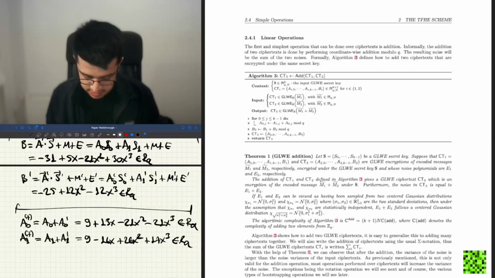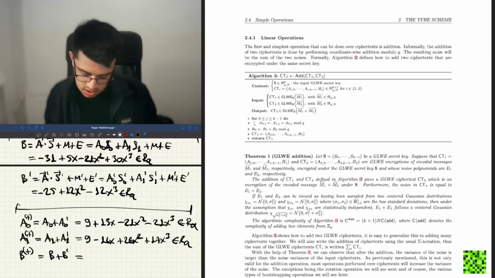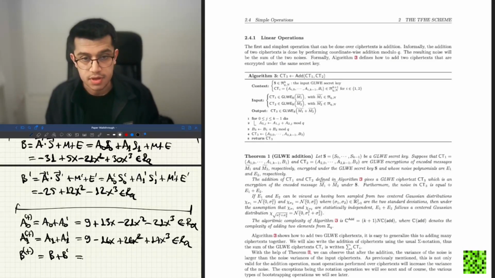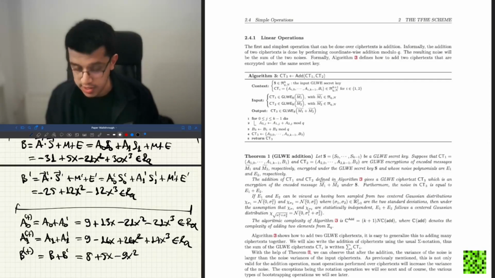And finally, our b sum is equal to b plus b prime, and that is equal to 8 plus 5x minus 9x squared plus 18x cubed.